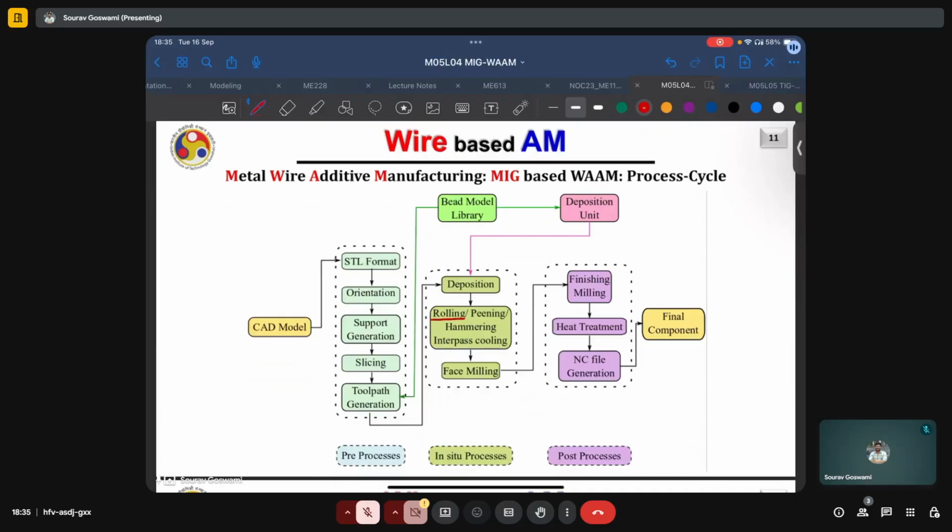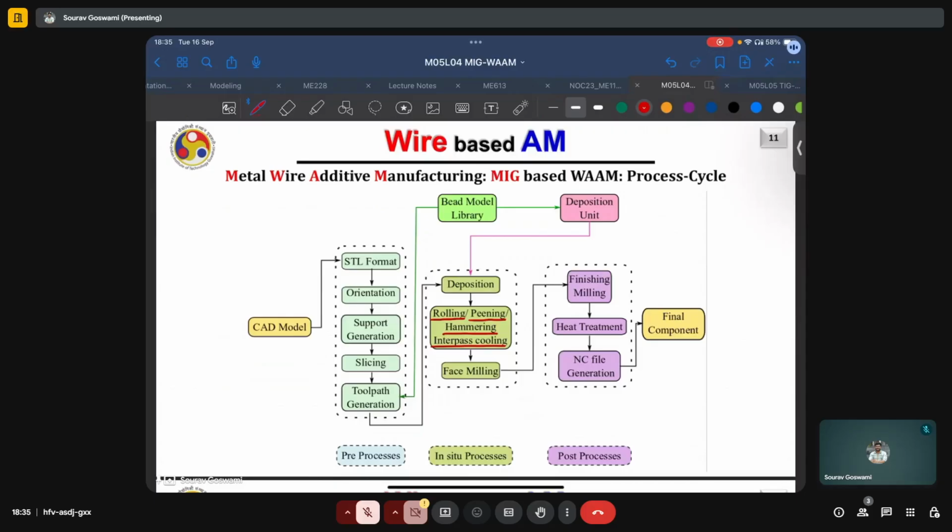A shot peening or laser peening step, which can introduce compressive residual stresses and can stress relieve the material. A hammering, where you can actually pound the surface with a mechanical or pneumatic hammer. Or you can also have some interpass cooling, where typically the time between layers is modulated, or we can have some other cooling mechanism.